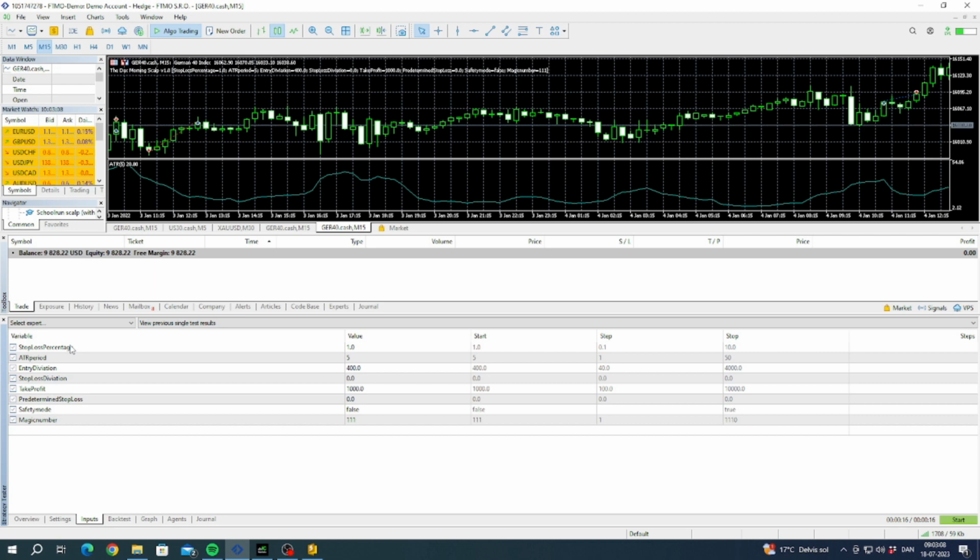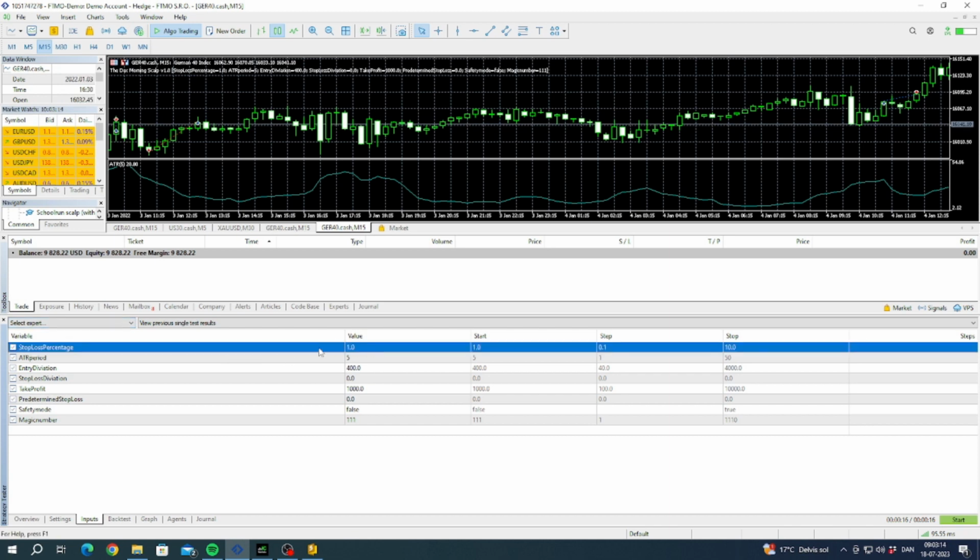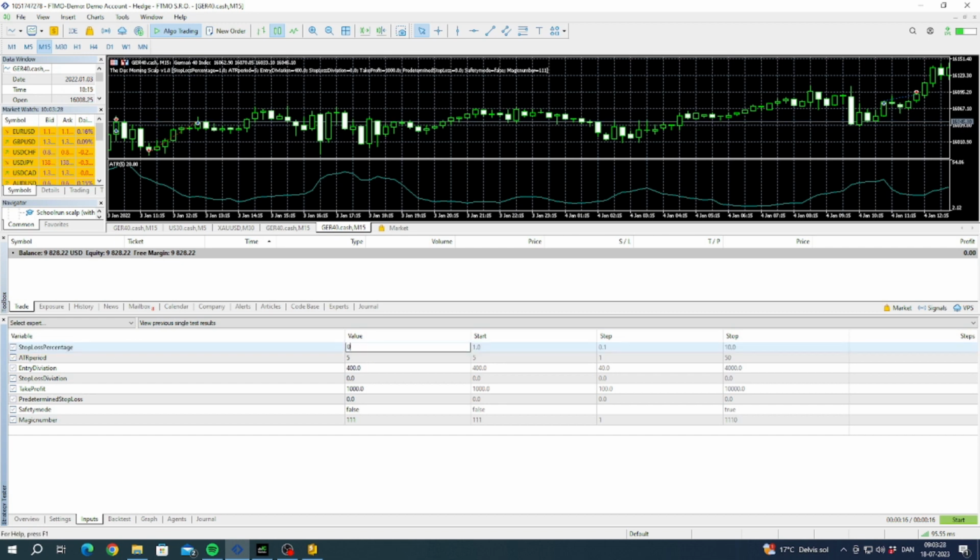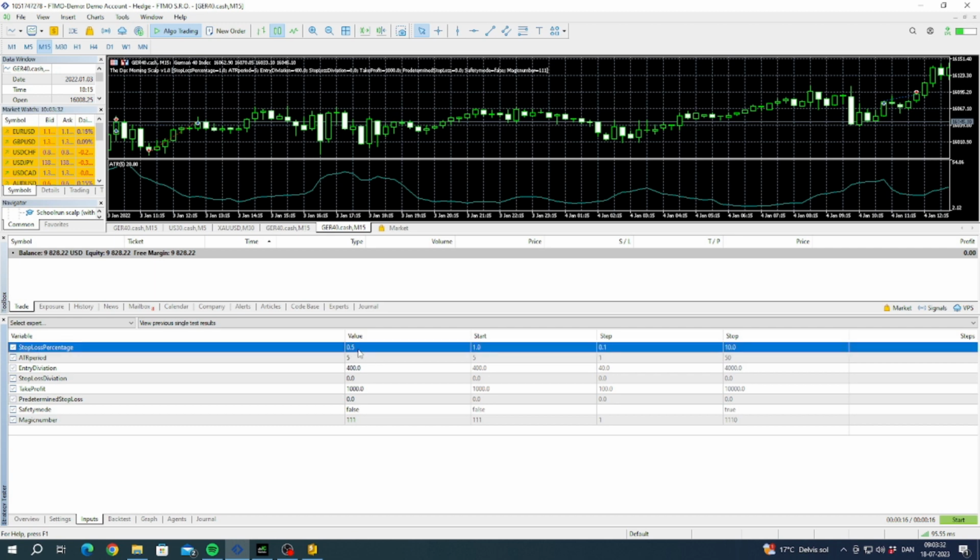The stop loss percentage is kind of self-explanatory. Here you can choose how much you want to risk on every trade. So the default option is 1% of your balance per trade, but you can do whatever you want. You can also say you want to do 0.5% of your account per trade.